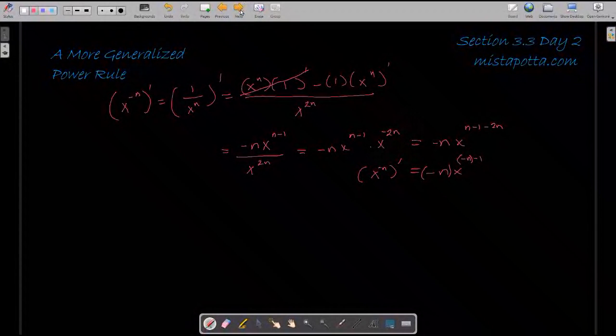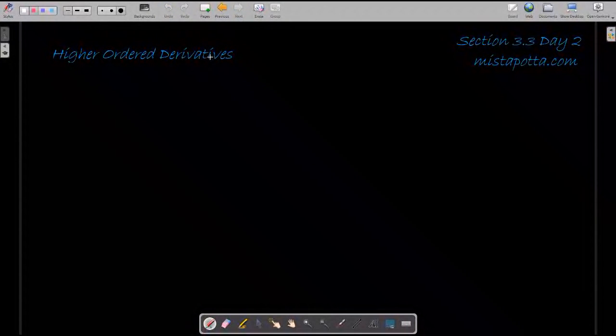The last thing we're going to talk about is higher ordered derivatives, because one of the things that we've noticed is that f prime is a function.